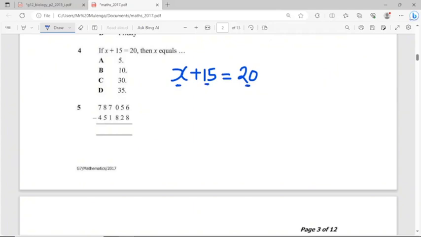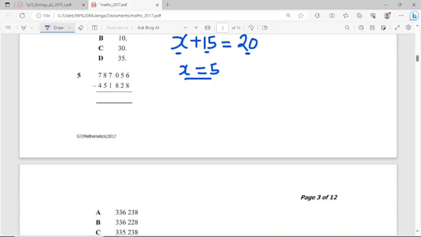So the number that we can add to 15 to get 20, it's 5. Okay, so it means x is represented by 5. Meaning where there is x, if you put 5, you say 5 plus 15, you get 20. So our answer here is 5. So here the answer is A. Okay, we move on.